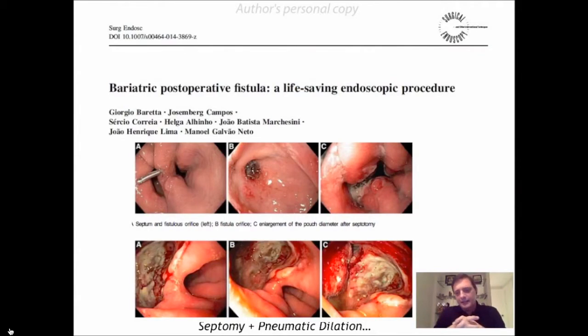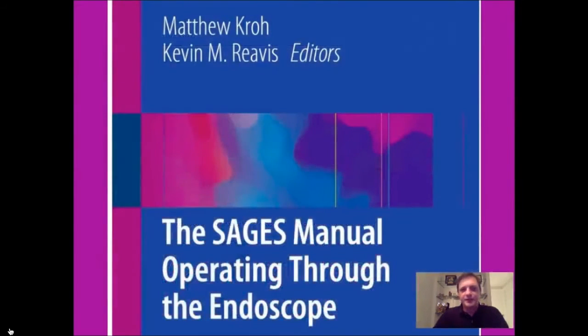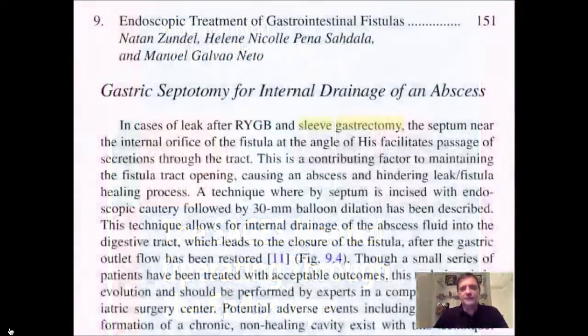This technique has been published in quite some papers. As you can see here, by the pictures, you can see how dramatic the cases are that we have been treating. Even in SAGES manual, we have a chapter describing the gastric septotomy and also creating the term internal drainage, and we're going to tell you after that other methods have been using internal drainage also.